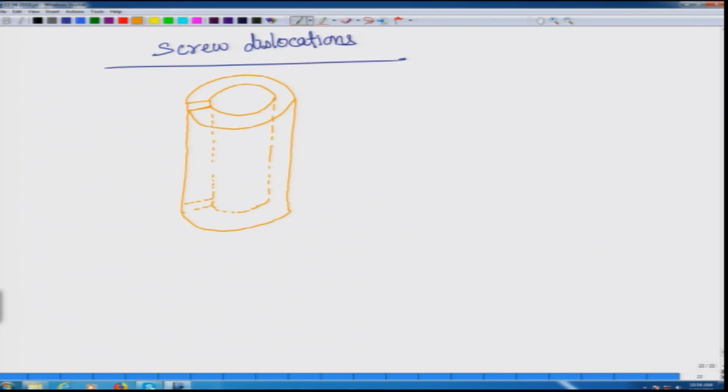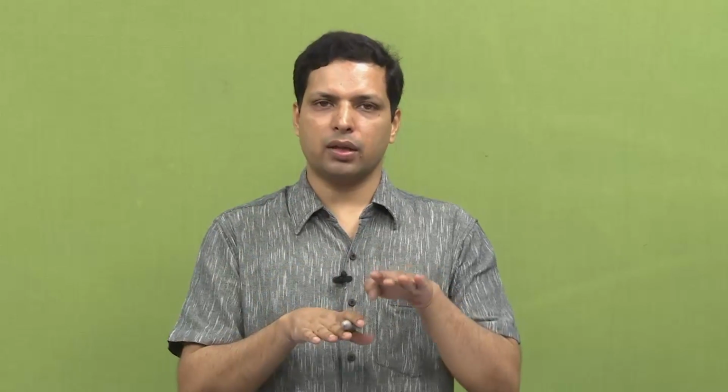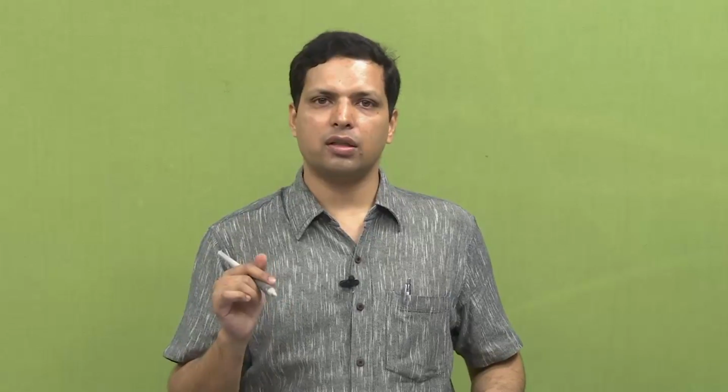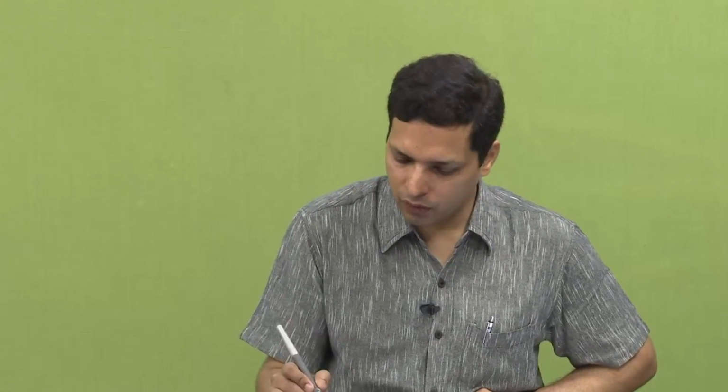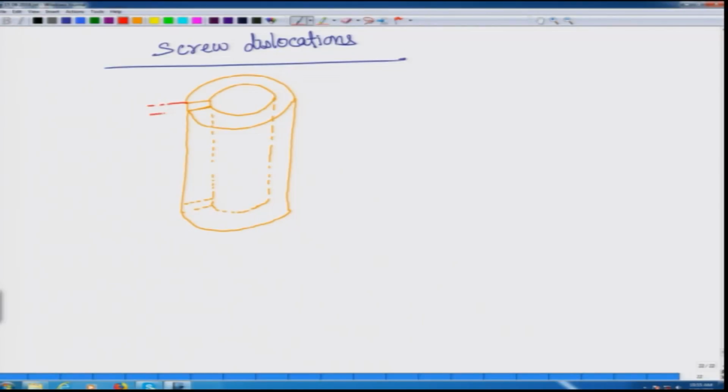Now, if you remember from our understanding of the screw dislocation, no matter how far you go, the displacement between the two sides would remain constant, and that constant distance is equal to b. This does not have anything to do with the radius you are taking. You can take whatever radius you want, and we are assuming that we are far away from the core.